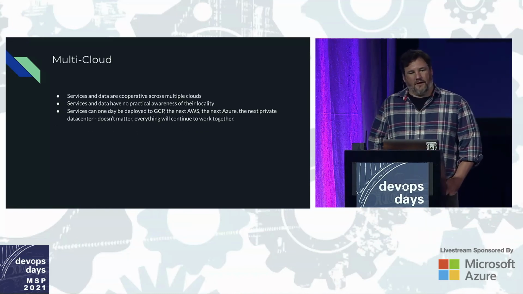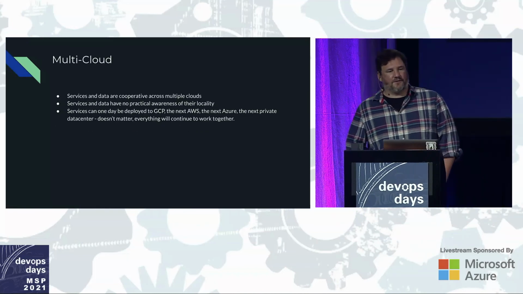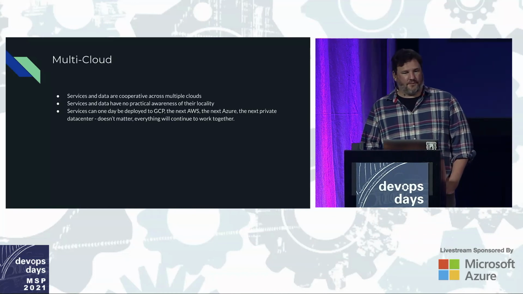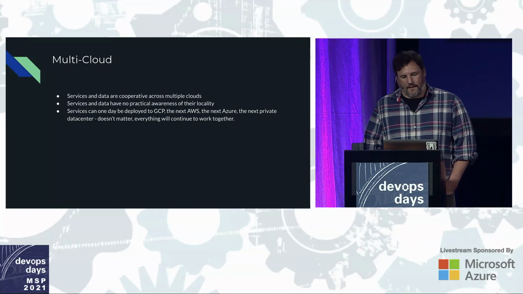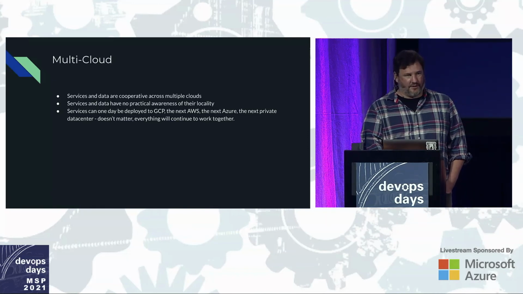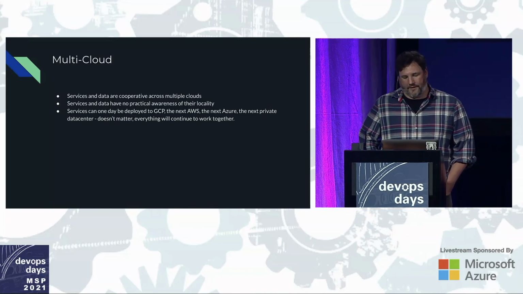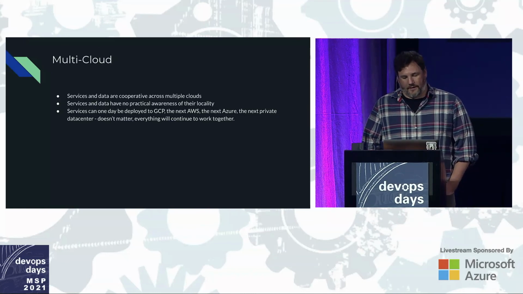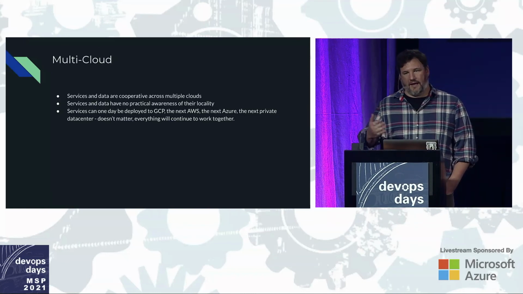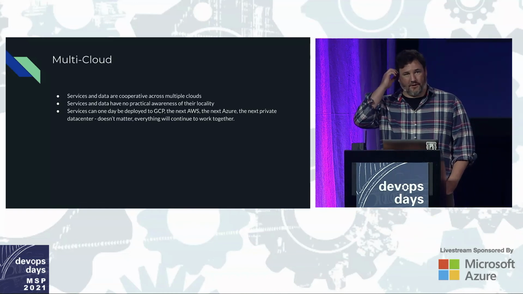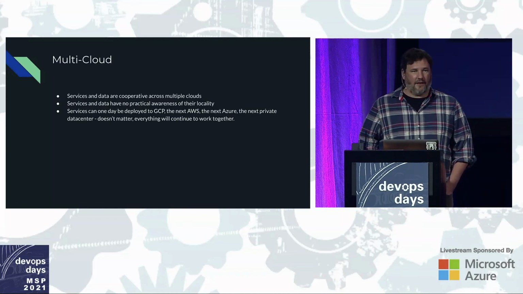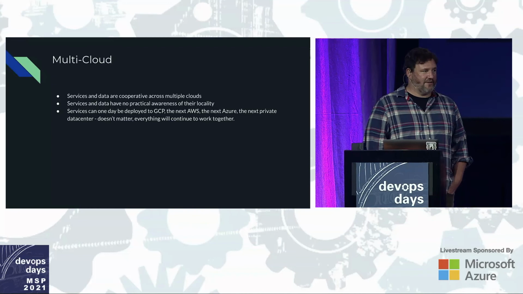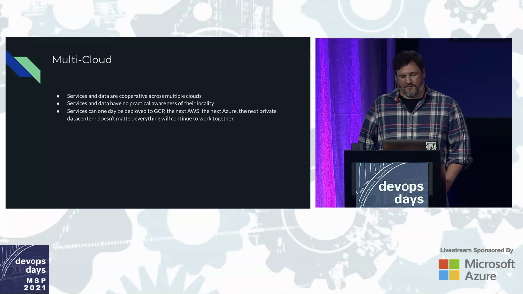Multi-cloud, on the other hand, how I would define this is that services and data are cooperative across multiple clouds. And that is a really important distinction from the previous multi-single cloud configuration, because services and data have no practical awareness in this configuration of any kind of locality for their baseline runtime state.